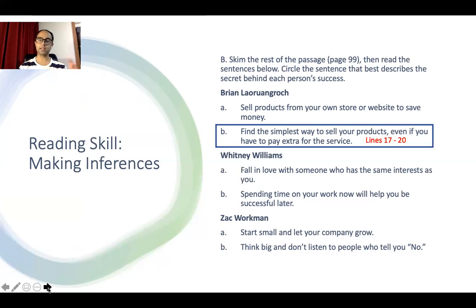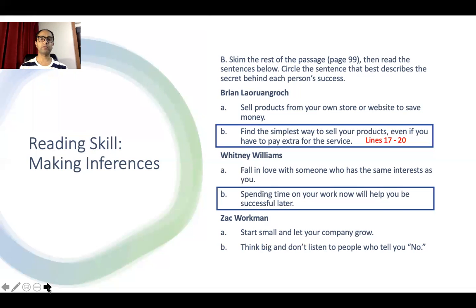Okay, if you study lines 17 to 20, you can find the answer there. For the second person, Whitney, the answer is B again. Spending time on your work now will help you be successful later. And how do you find the answer? You have to find the answer in lines 25 to 27.